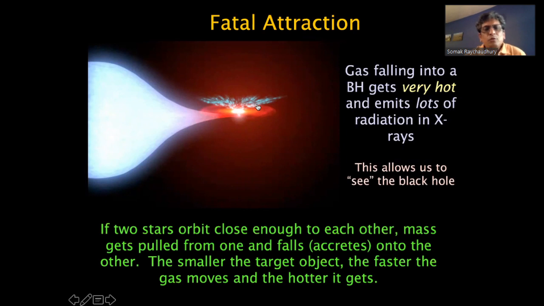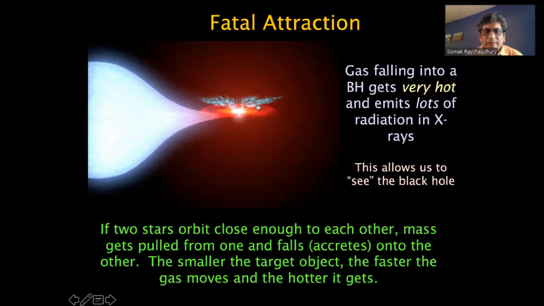Now, even if you don't see the black hole, you can see these X-rays that are coming from the surroundings of the black hole. And these can be imaged by an X-ray telescope like Chandra, I just told you, and thus we can establish that these are black holes, because nothing else in the universe can make things so hot that they will emit X-rays other than neutron stars and black holes.